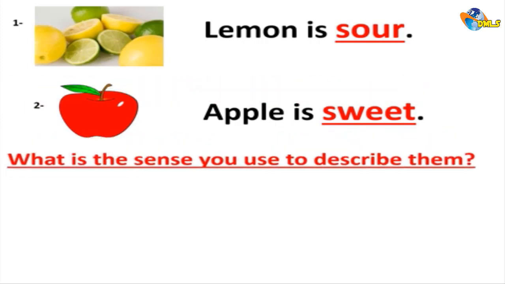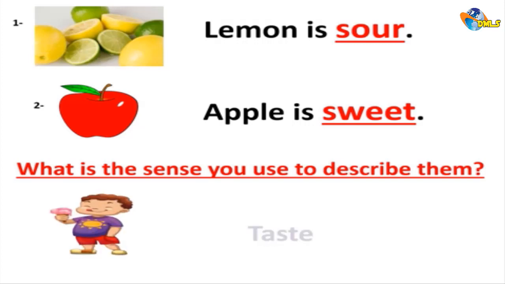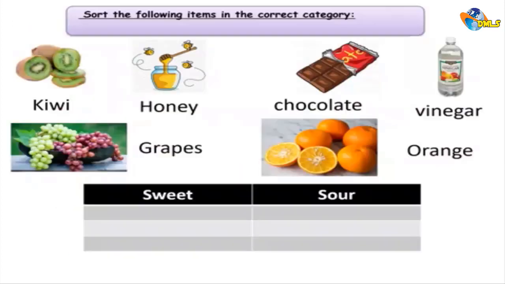And what is the sense you use to describe them? We use which sense? Seeing, hearing, smelling, tasting, touching. It is tasting. We use our tongue to taste and describe which one is sour and which one is sweet.